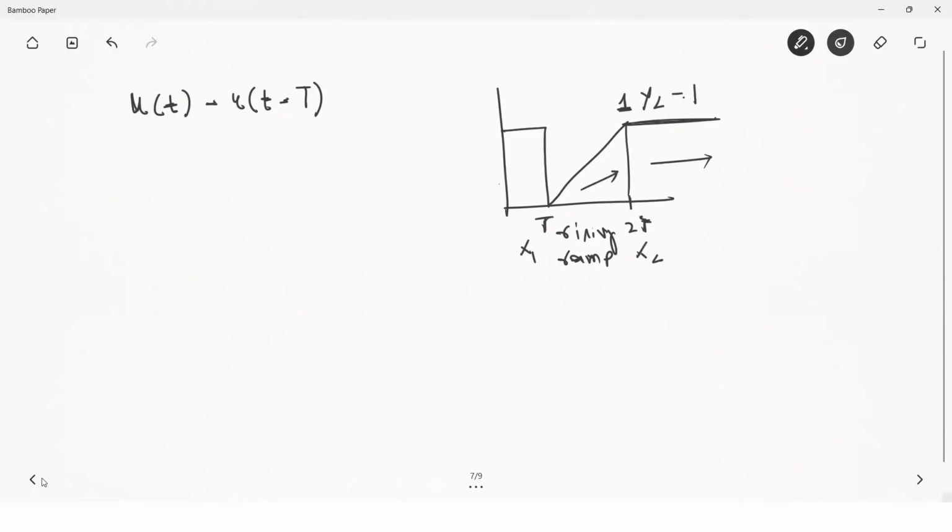This is the final point, and y1, corresponding to the magnitude 0, right? So here you will be doing plus 1 by t, okay? t minus t, because it starts at this point, and u of t minus t.